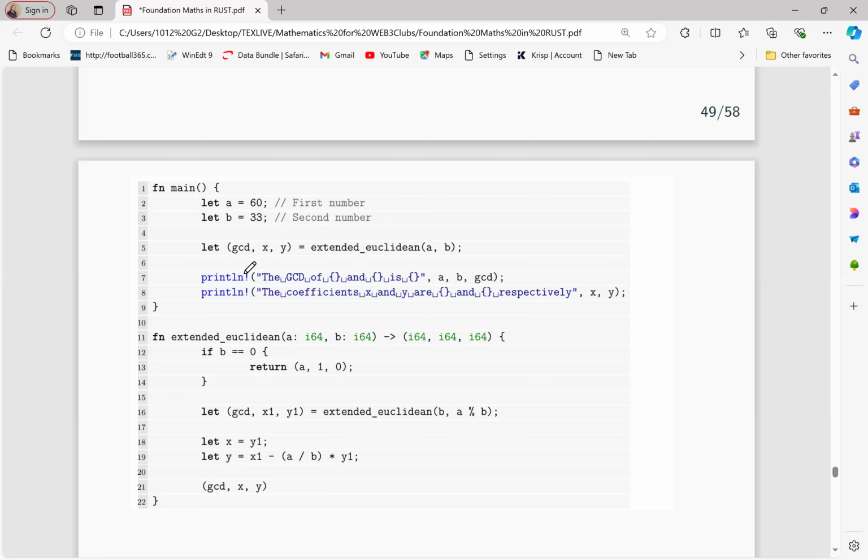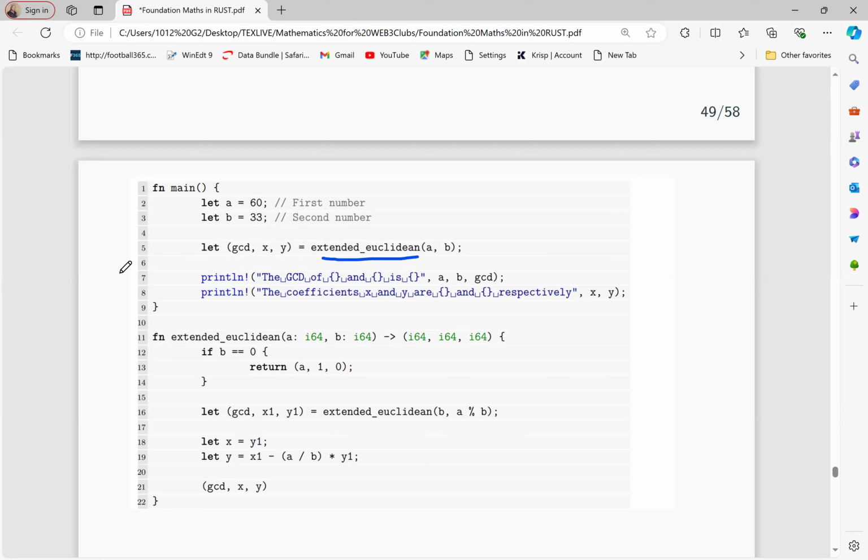And then we call the extended Euclidean function with the two numbers. Let the GCD of x and y be this. What the extended Euclidean algorithm will be giving us.